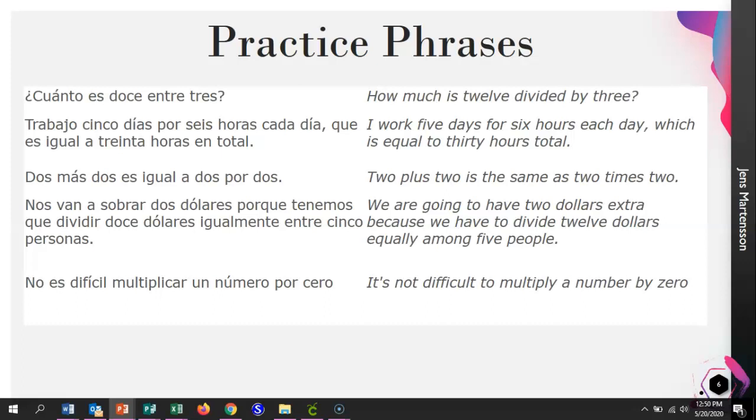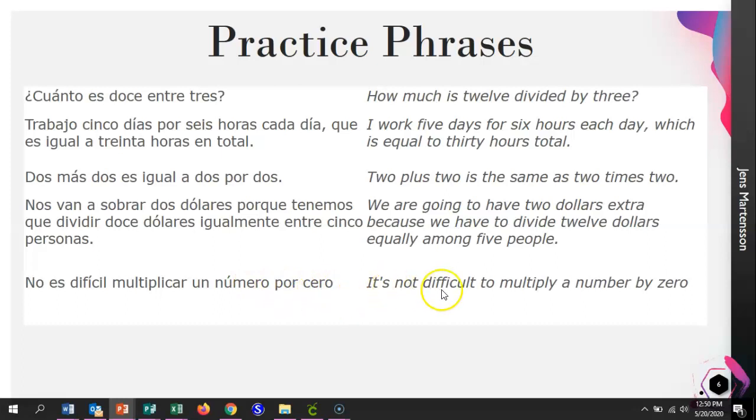The last example reads, no es difícil multiplicar un número por cero. Okay, let's find what we're supposed to do in our numbers. So first of all, when we look at this, I am catching multiplicar, which means multiply. And then número means number, by, okay, por, by 0.